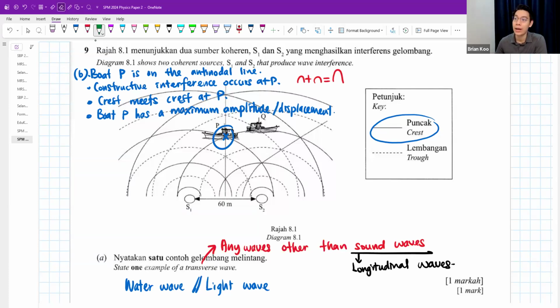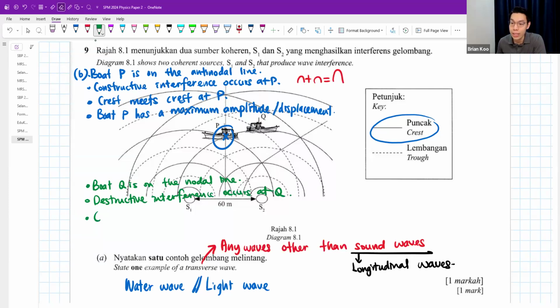And then for Q, both Q is on the nodal line. Okay, destructive interference occurs at Q. Crest meets trough at Q. Both Q has zero amplitude.